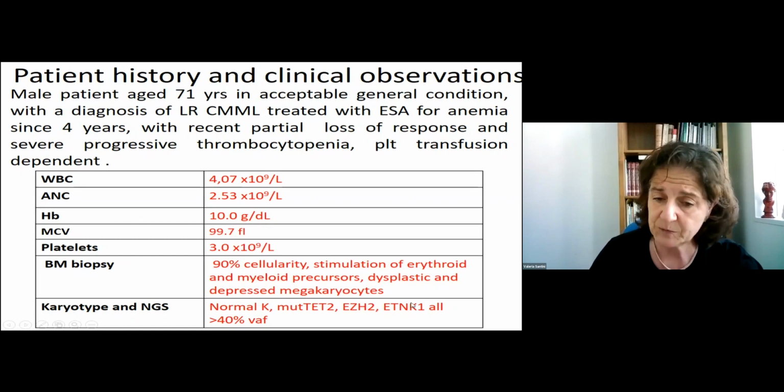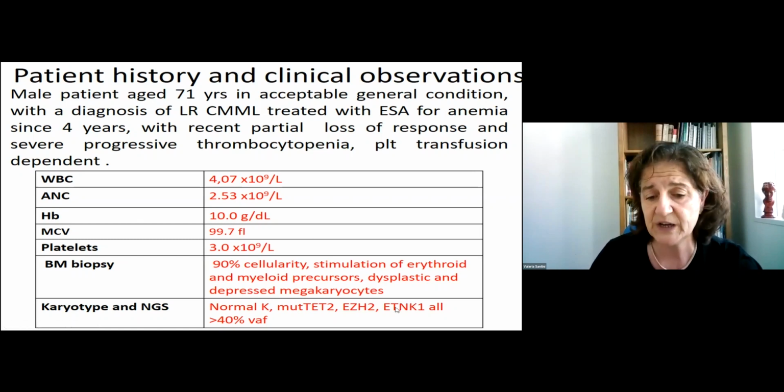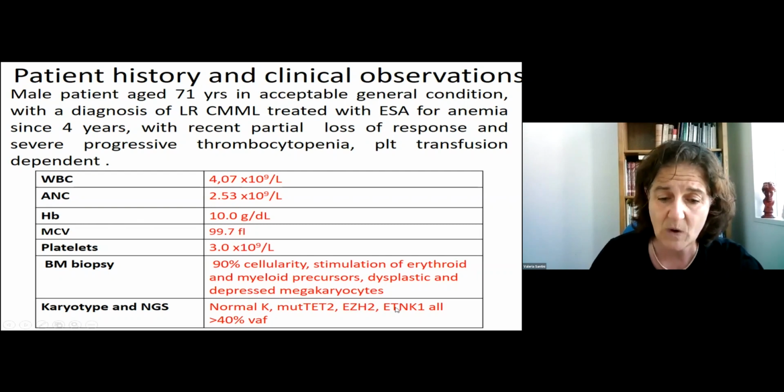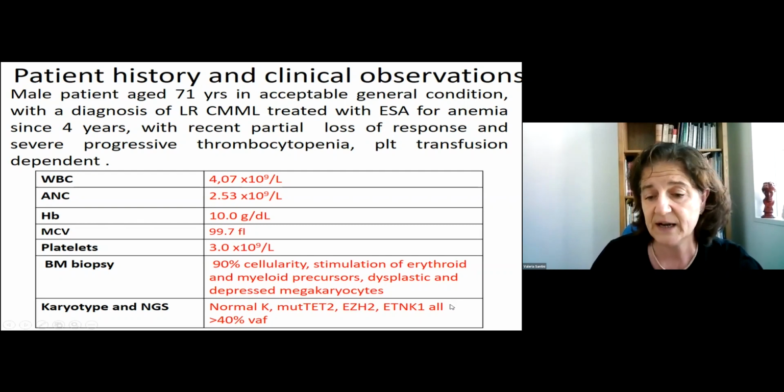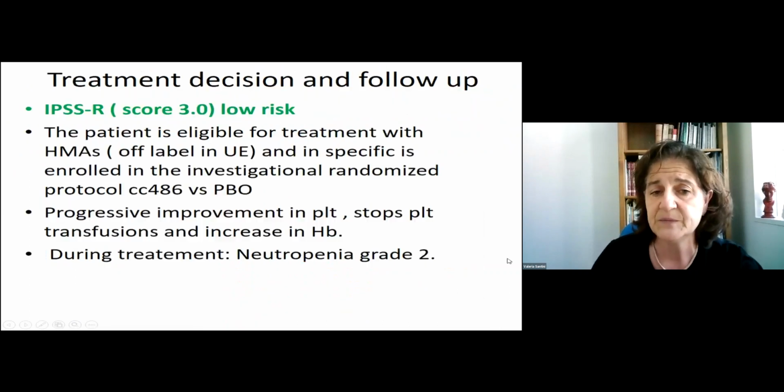The patient has a normal karyotype and 3 mutations, TET2, EZH2, and ETNK1, all with a very high variant allele frequency above 40%. Having reevaluated the patient in this way, and having seen that his absolute neutrophil count is normal, we consider that this patient is still a low-risk patient.